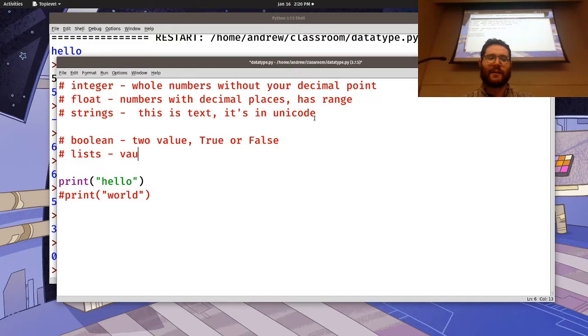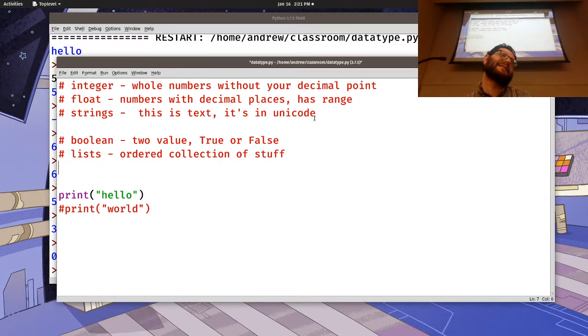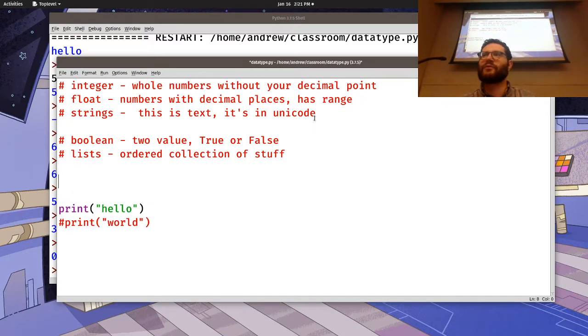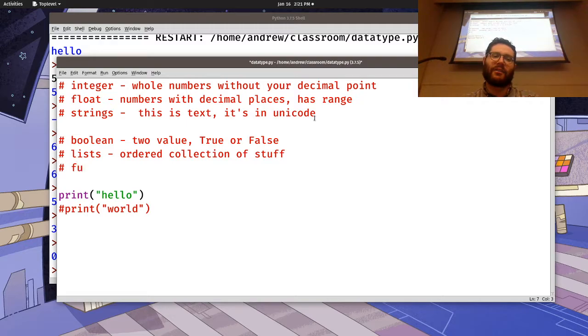It's an ordered collection of stuff. That is not a very formal definition, but it is an ordered collection of stuff. You know what a list is. Or rather, you intuit what a list is. There's other different types of stuff, but those are the basics that we'll go on. For instance, there's dictionaries. And finally, the last one I want to mention is functions, because we'll be writing some of them.